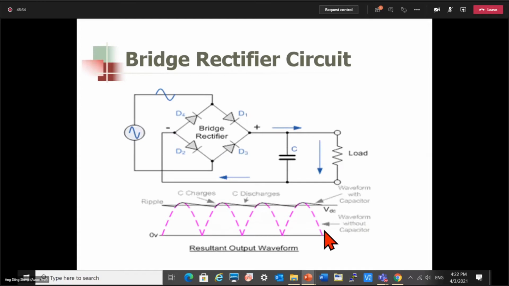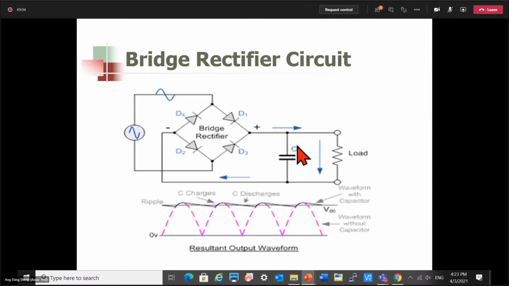Now just to add a little bit more, there is usually a capacitor connected across the rest of the circuit. The purpose of this capacitor is to smooth out the DC waveform. Without the capacitor, the DC voltage waveform that you see across the rest of the circuit will be shown by the dashed line here. It fluctuates very significantly.